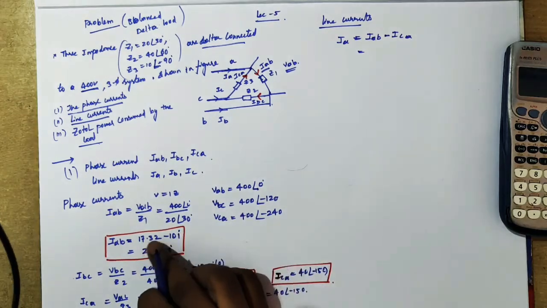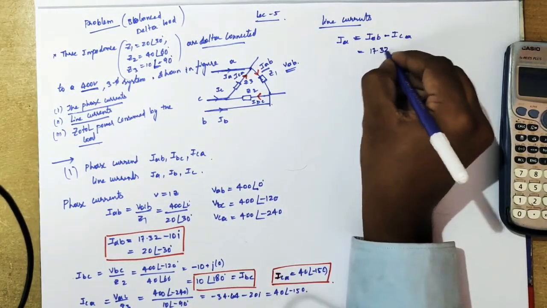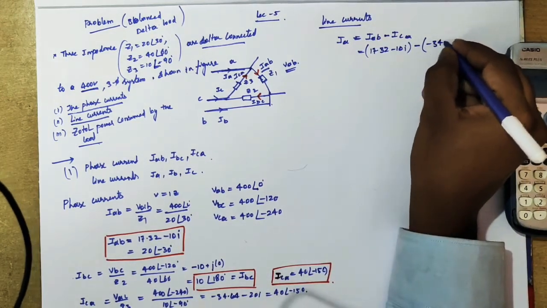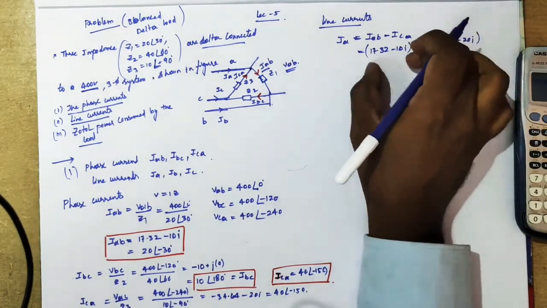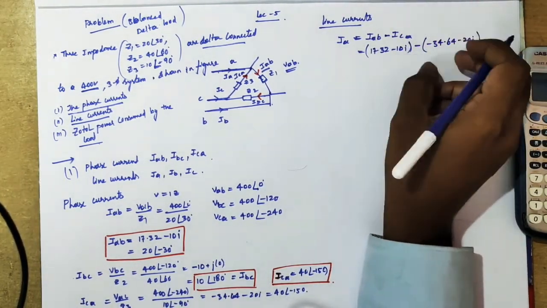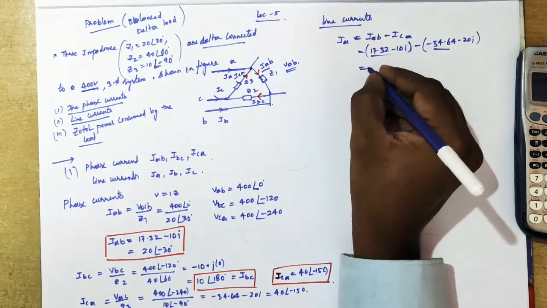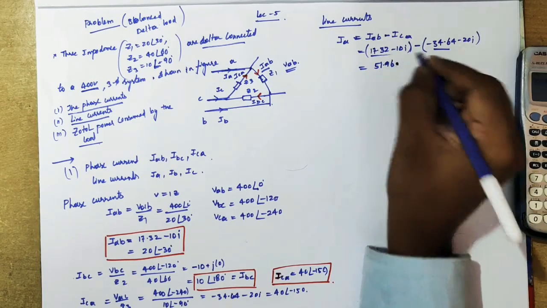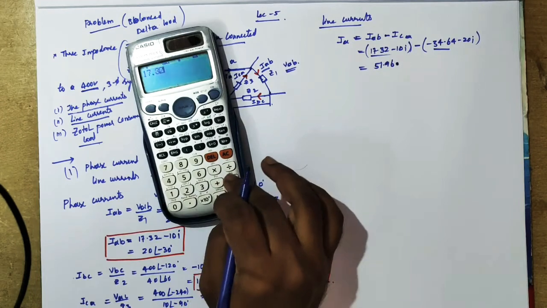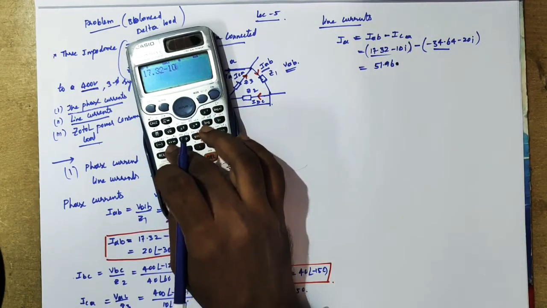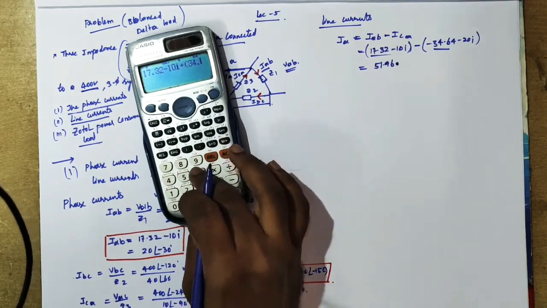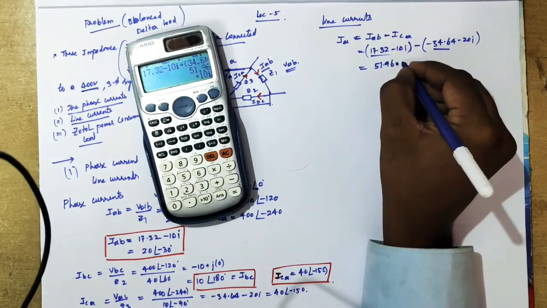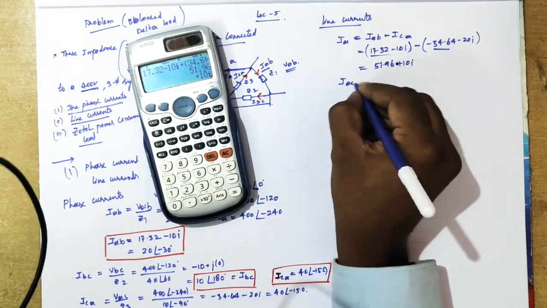IAB is 17.32 minus 10i, and we subtract ICA, which is minus 34.64 minus 20i. These are in complex form, so subtraction turns into addition. We get 17.32 minus 10i plus 34.64 plus 20i, which is 51.96 plus 10i. So IA we will get in polar form.